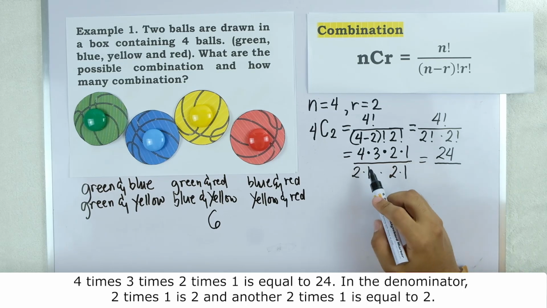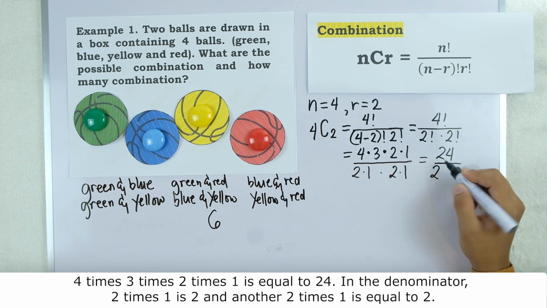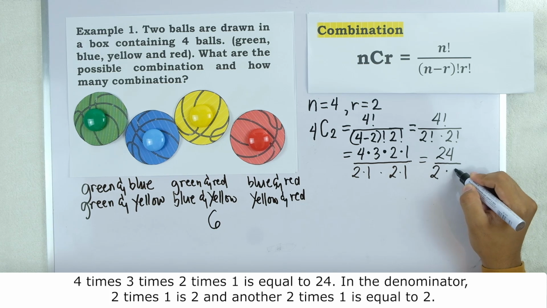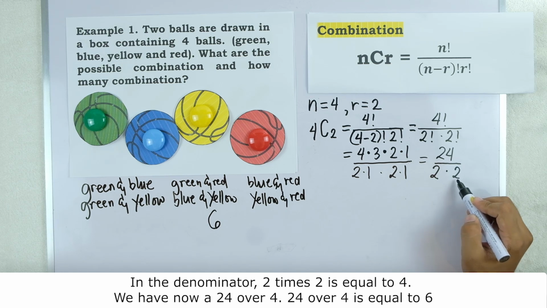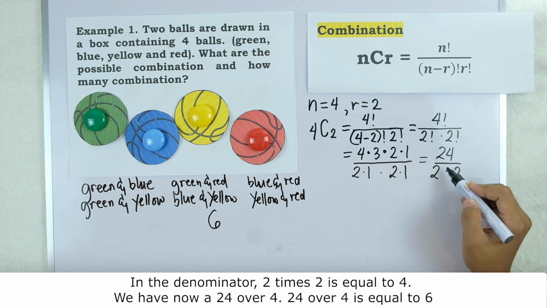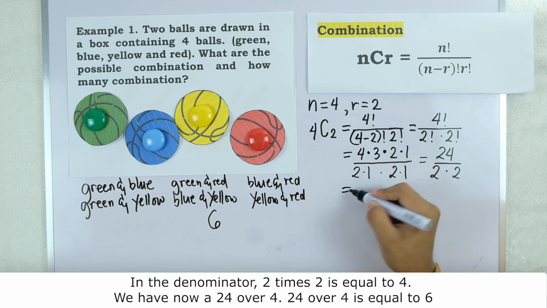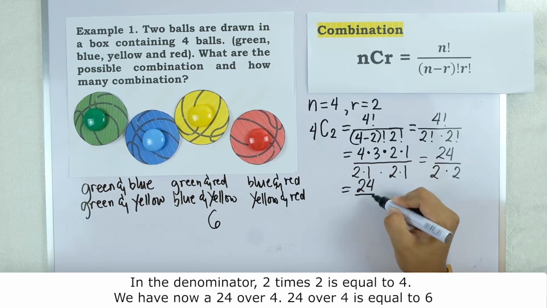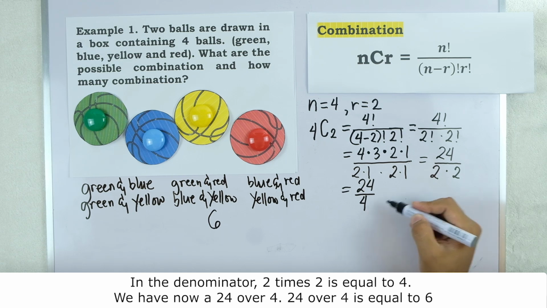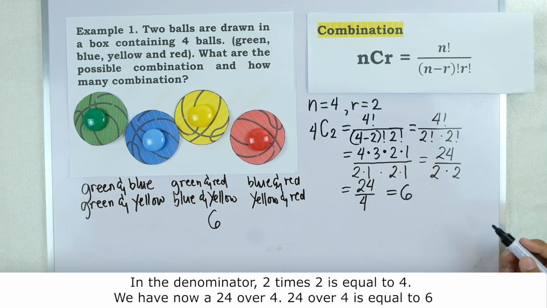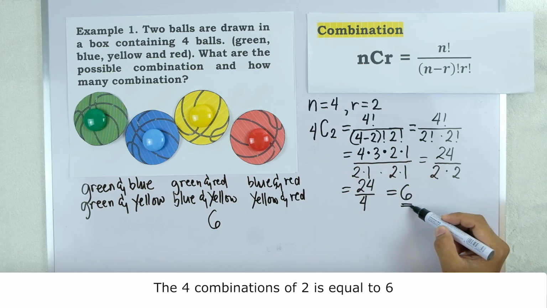In the denominator, 2 times 1 is equal to 2, and another 2 times 1 is equal to 2. Then 2 times 2 is equal to 4. We have now 24 over 4, and 24 over 4 is equal to 6. So 4 choose 2 is equal to 6.